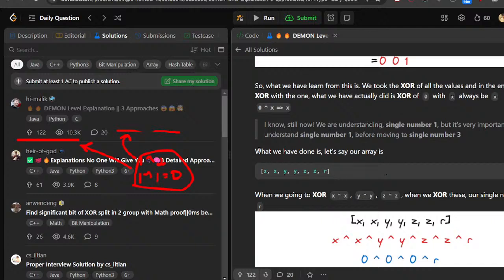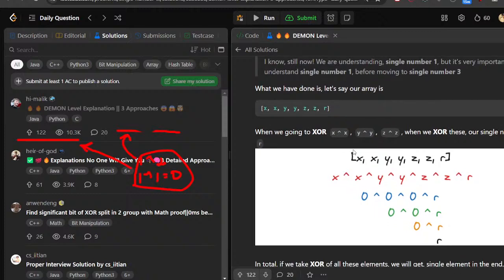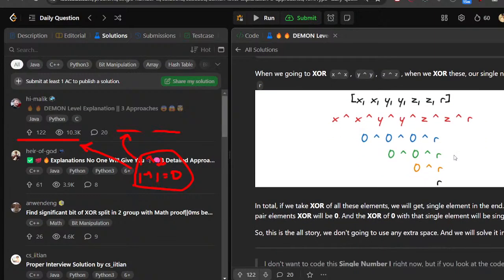So let's say our array is this. When we XOR this, our single number will remain.